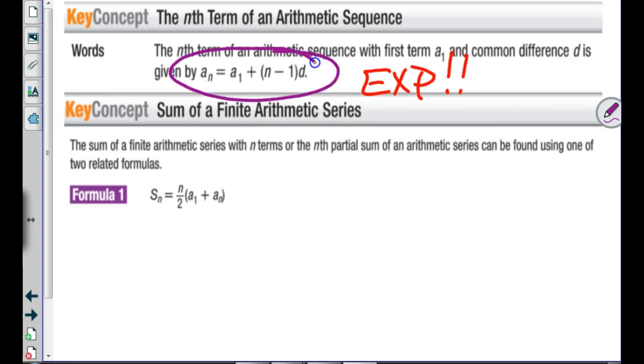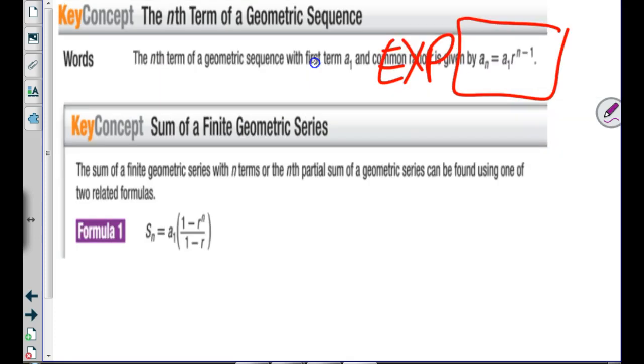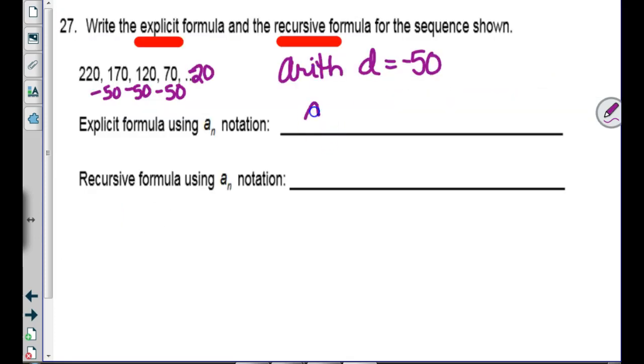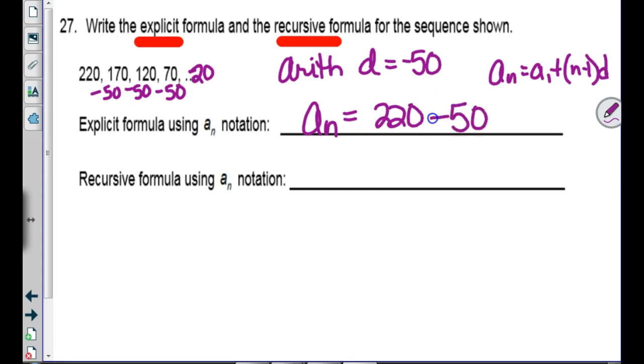A sub n equals A sub 1. What are we going to put in for that? And then we have always written it the D next, so our D is -50, and then n minus 1.